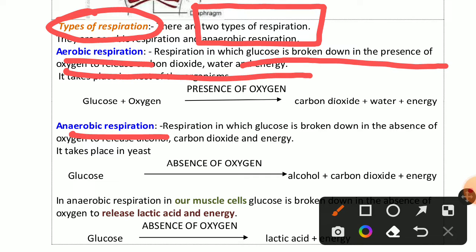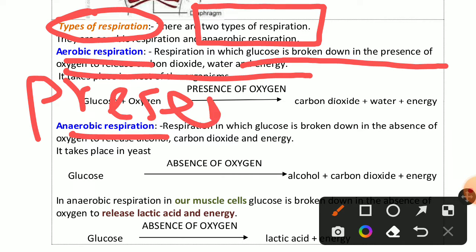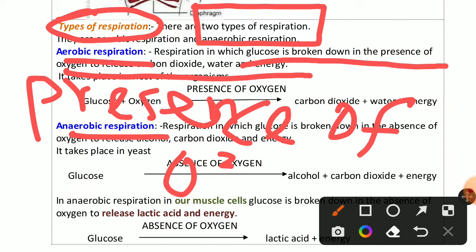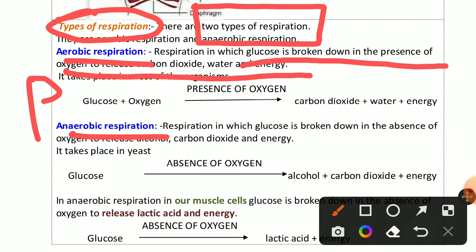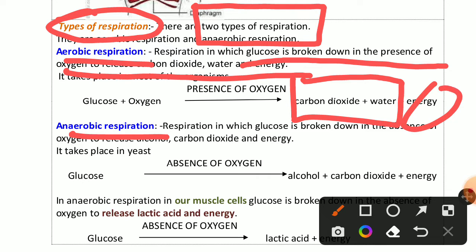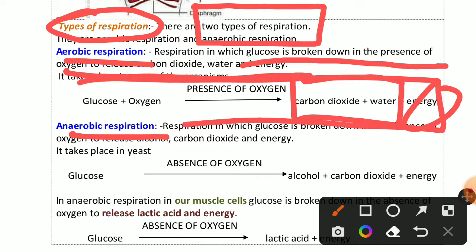Simply put, in the presence of O2, which is oxygen, the food is broken down into glucose and releases carbon dioxide and water and gives energy. This is aerobic respiration.